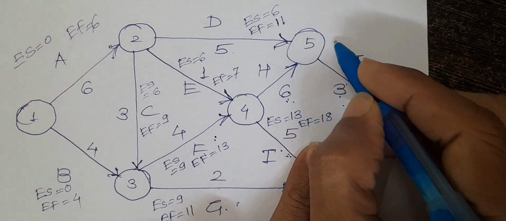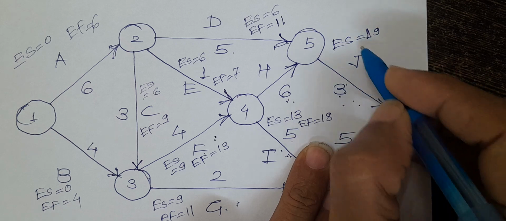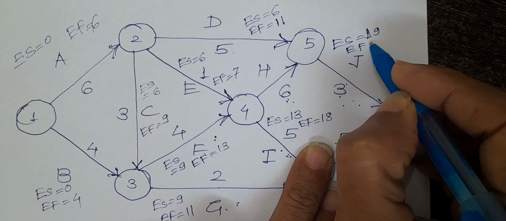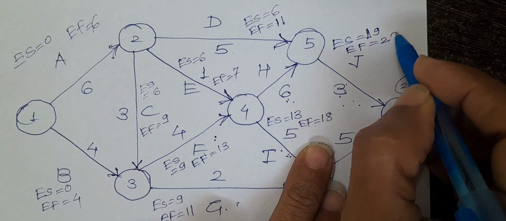So the J activity earliest start is 19. We have to take the maximum. And what is the earliest finish for this activity? 19 plus 3, so it is 22.